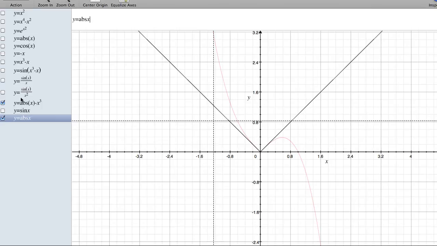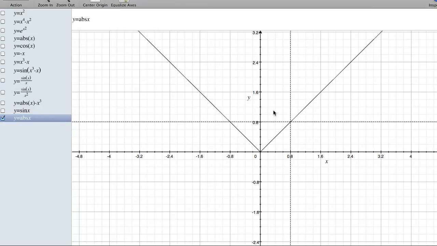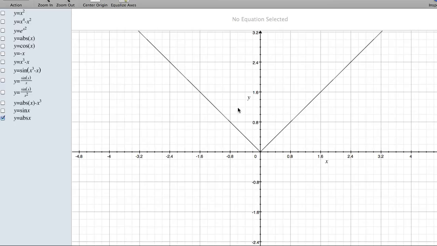Okay. So here's absolute value of x. Is this function symmetric across the y-axis? I think it pretty obviously is. And let's add another function here.